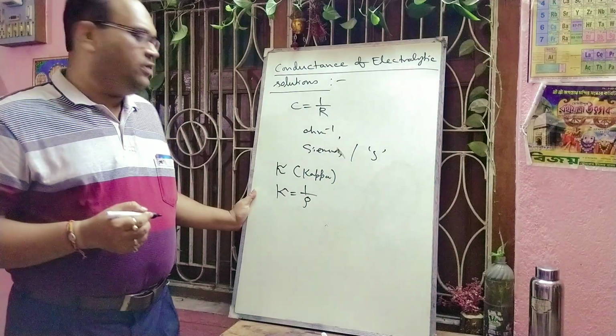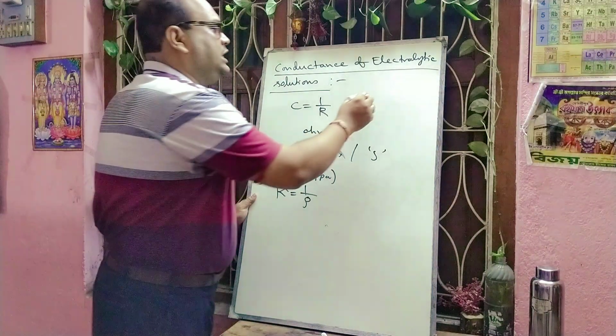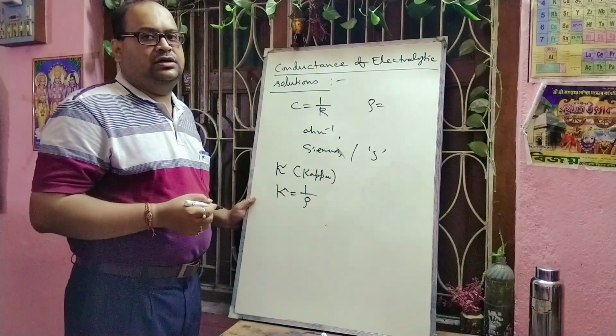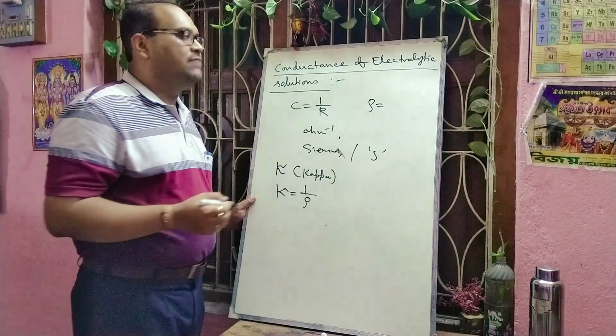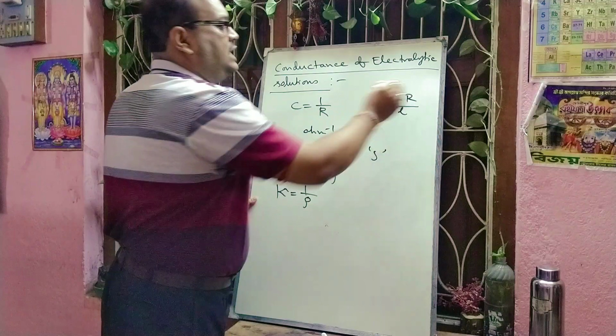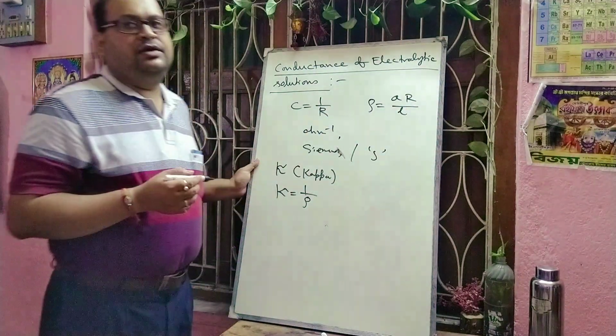Now from here we know that rho is equal to, just now we have written, AR by L. R is the resistance, A is the cross sectional area and L is the length of the conductor.